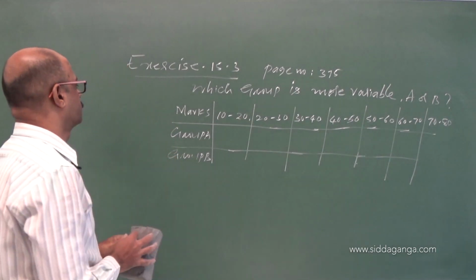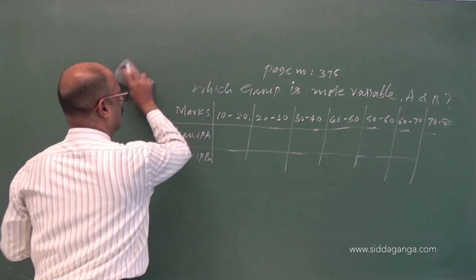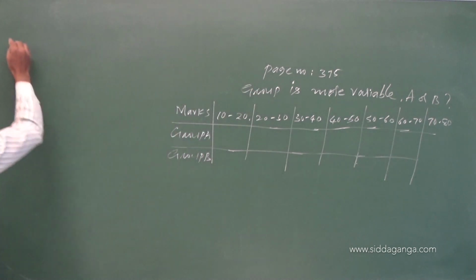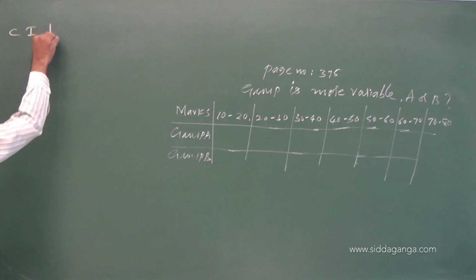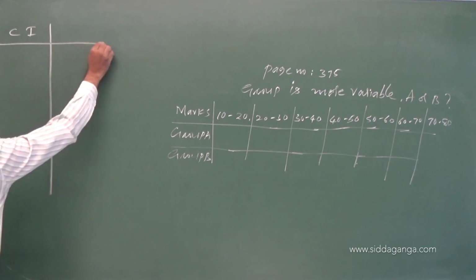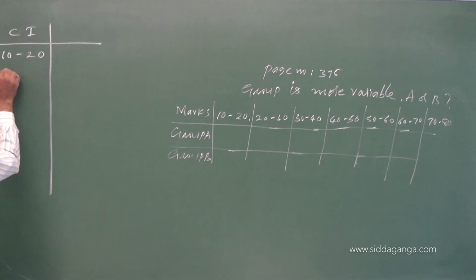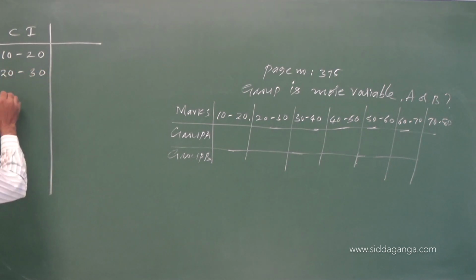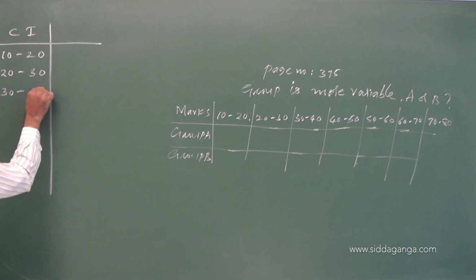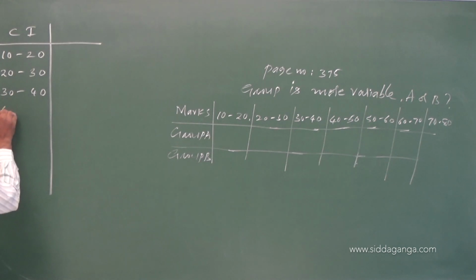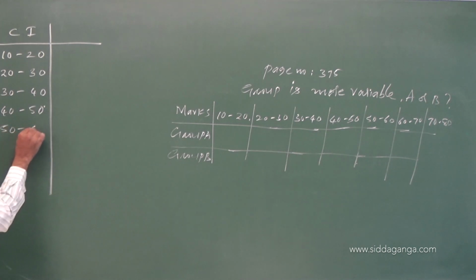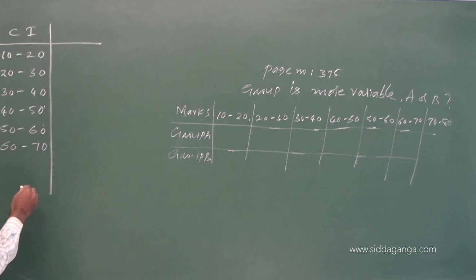So the first step is the class interval. They have given it like this: Ci, class interval, is 10 to 20, 20 to 30, next 30 to 40, 40 to 50, 50 to 60, 60 to 70, 70 to 80, like this.